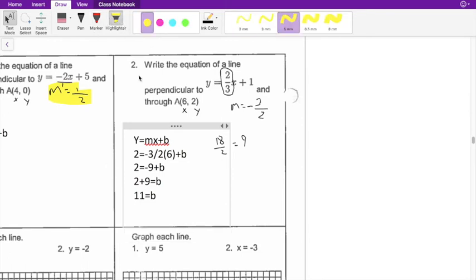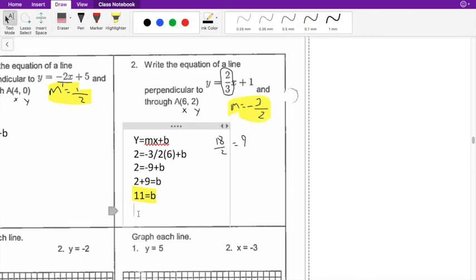Therefore, once again, we have our b value and we have our m value. So let's write in our equation. y equals, our m value is negative 3 over 2, x plus 11.